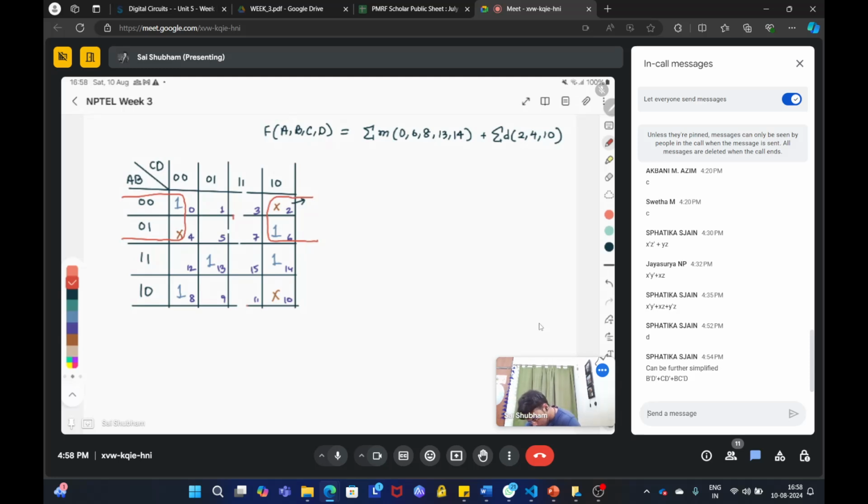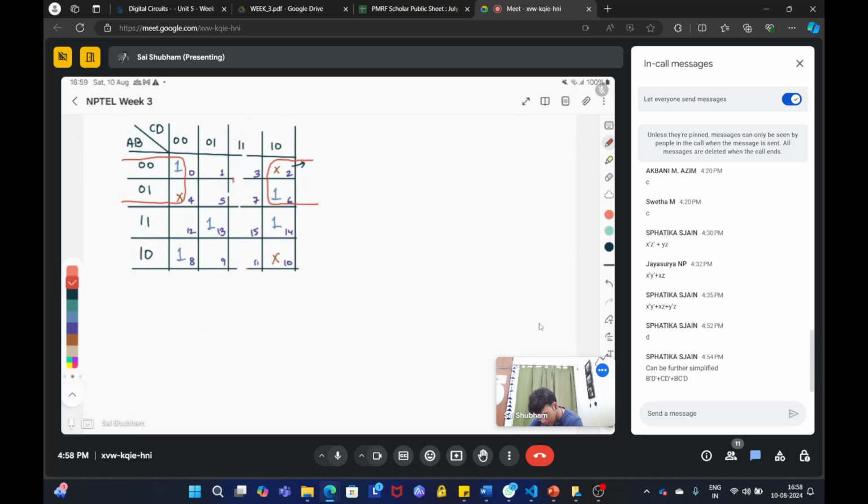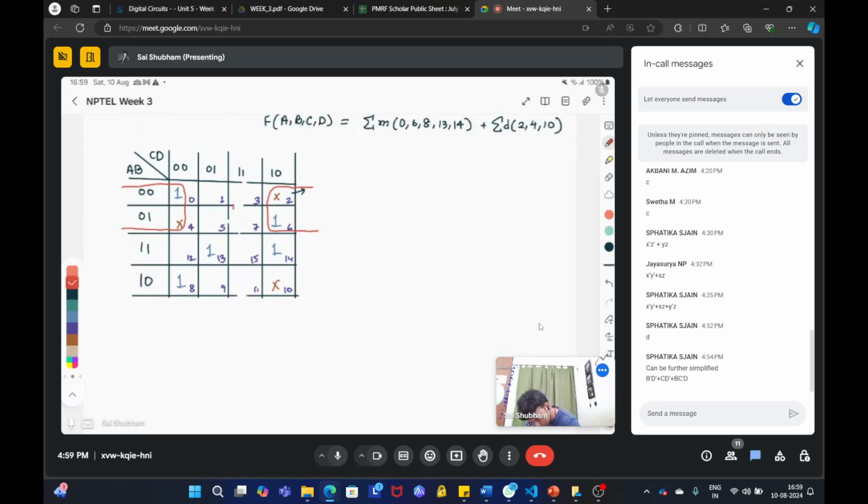Then there is this one square. We can make another square like this.